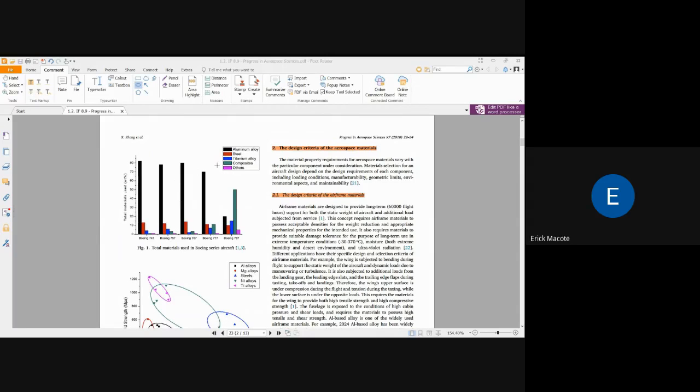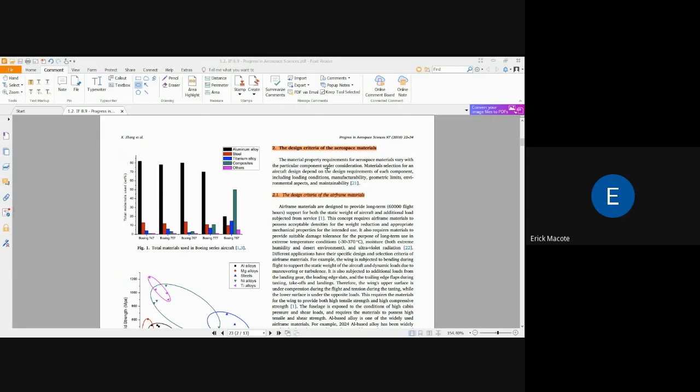As you see here, aluminum-based alloys tend to decrease. Composite materials have experienced a rapid increase in total materials in the latest Boeing models. This is mainly due to their higher specific strength and better corrosion and fatigue resistance than most metals.